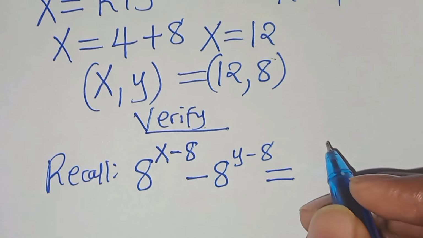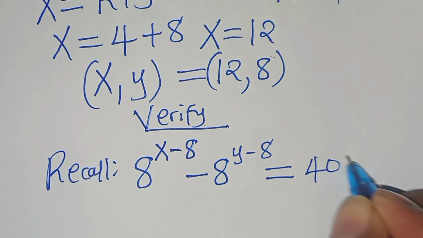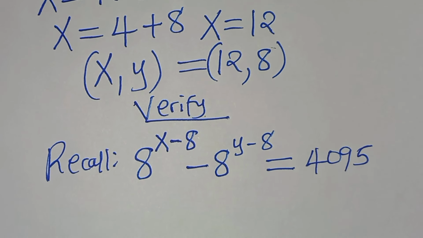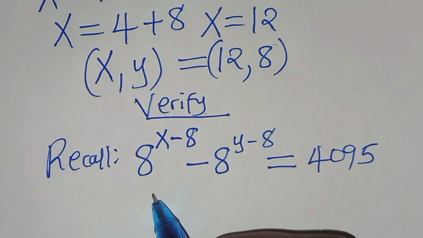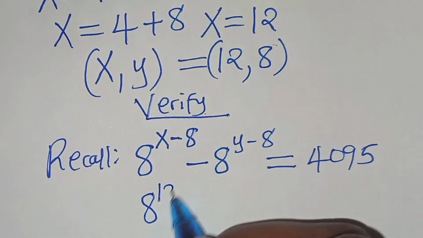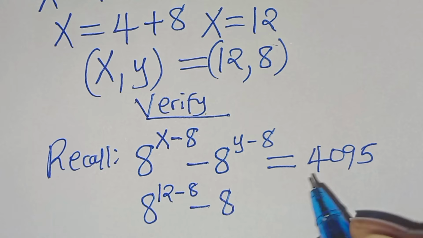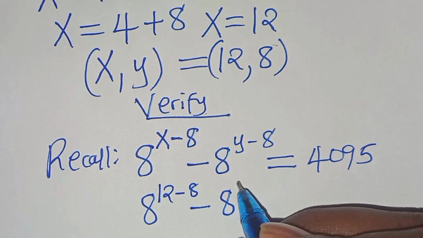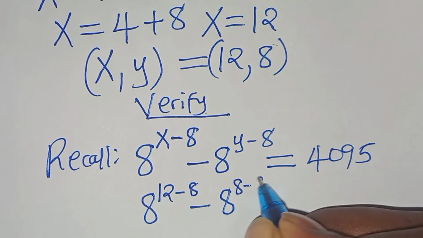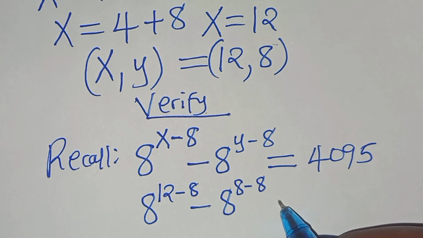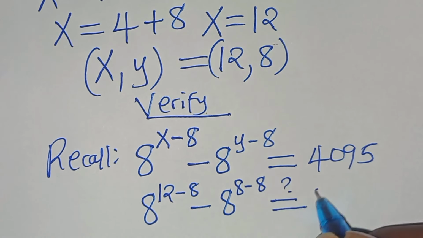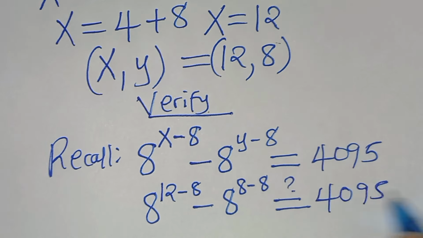This is supposed to give us a value of 4095. So let's substitute x. We have 8 to the power of 12 minus 8, minus 8 to the power of, remember, y is equal to 8, minus 8. This is supposed to give us a value of 4095.